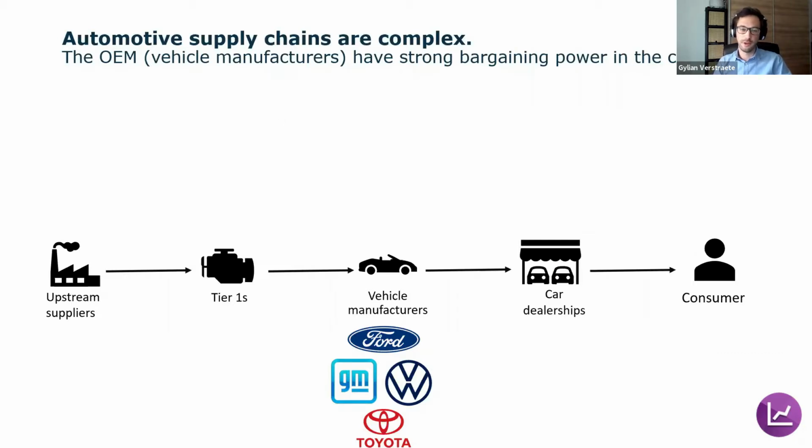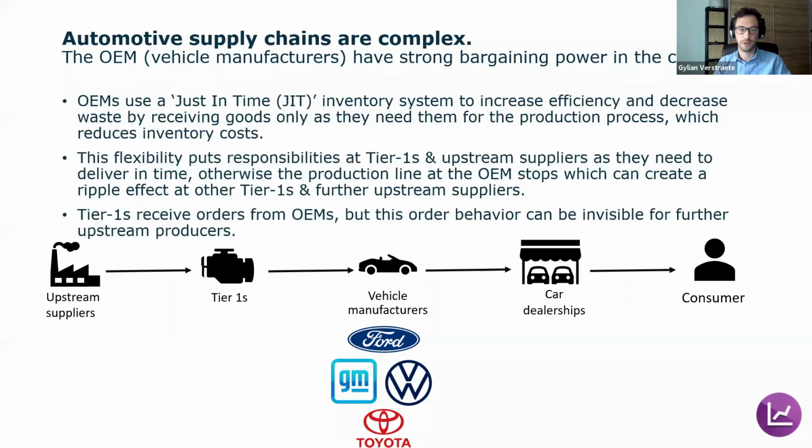So in the center of the supply chain, you have the vehicle manufacturers. Those are all the very familiar brands, the Fords, the Volkswagens, the Toyotas of this world. And they typically have a very strong bargaining power in the entire supply chain.